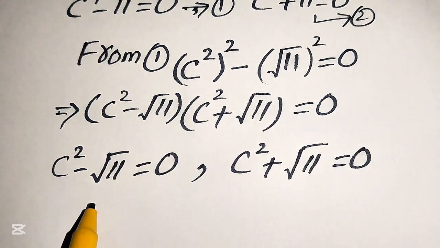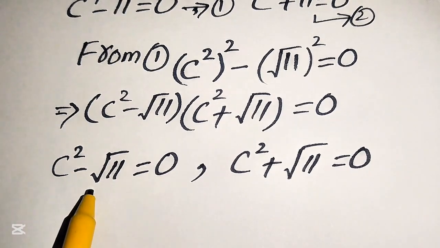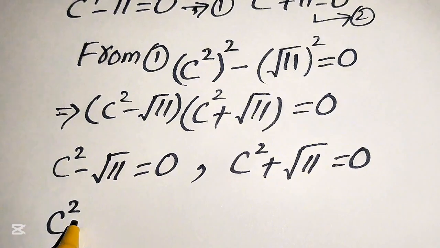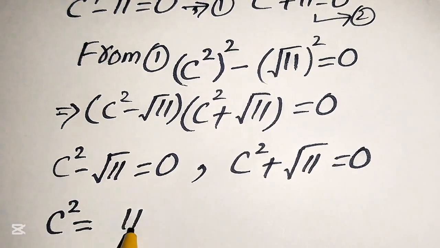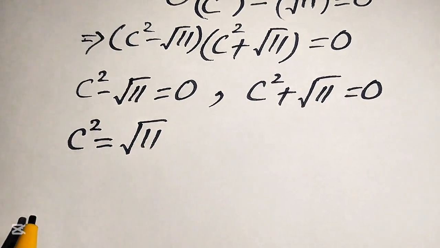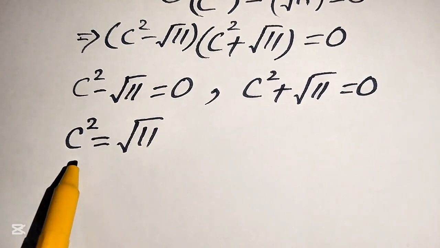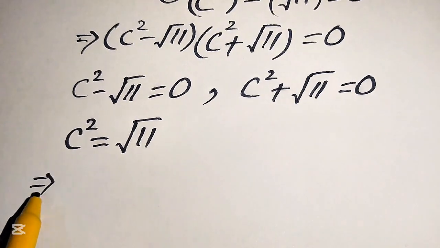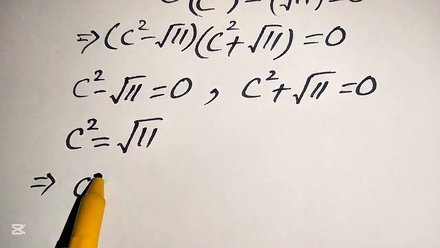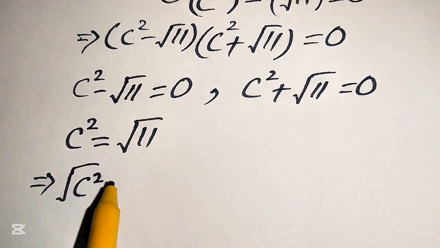Now from the first case, we move this minus square root of 11 to the right hand side, and it will be written as c square equals square root of 11. Because we solve this problem for the values of c, we need to take the square root on both sides.